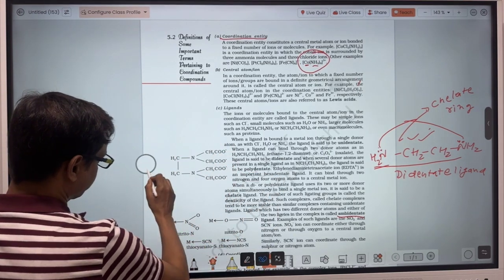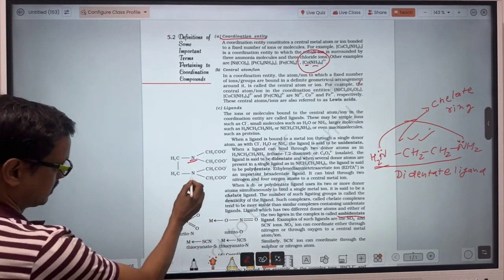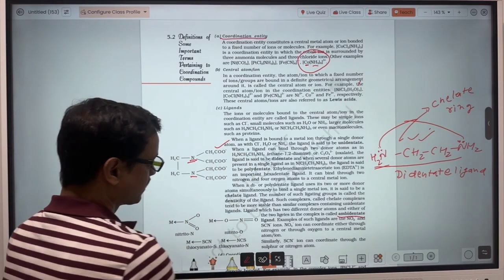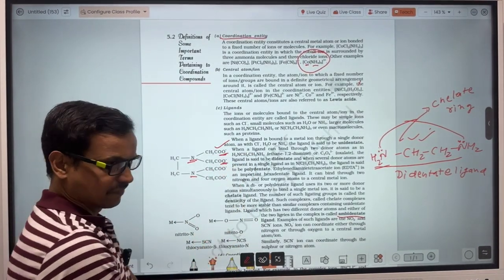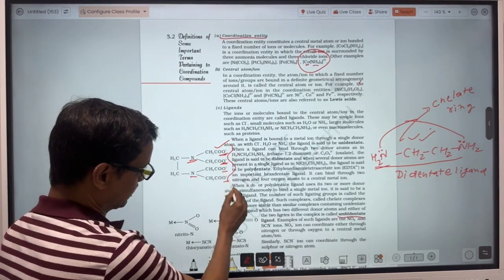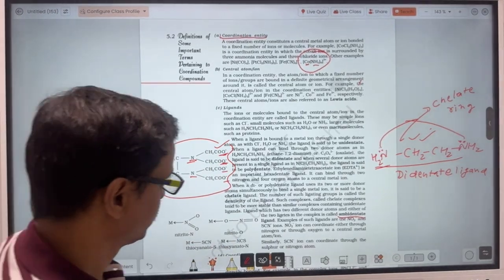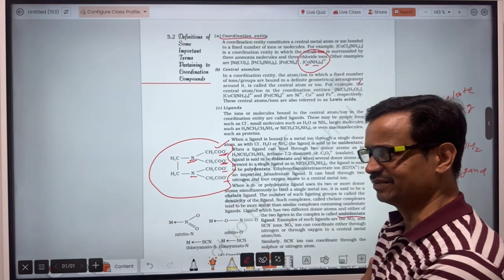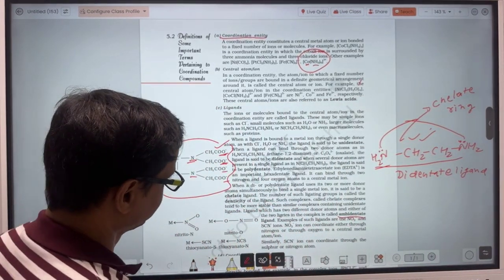Here, how many donating sites are there? Let's see: this nitrogen can donate the electron, this nitrogen can also donate the electron. Here, this acetate ion, that means through this oxygen, can donate the electron. This oxygen will also donate the electron, this oxygen, this oxygen. So in total this ligand contains 6 atoms which can donate their electron to the central atom. These are called polydentate ligands.